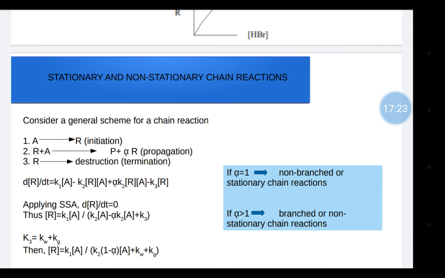This is the rate of formation of the chain carrier. R is formed in the initiation step. R is used up in the second step. And alpha number of R is produced in the second step. And R is depleted in the termination step, right? So the rate equation for the rate of formation of the chain carrier R will contain four different terms.